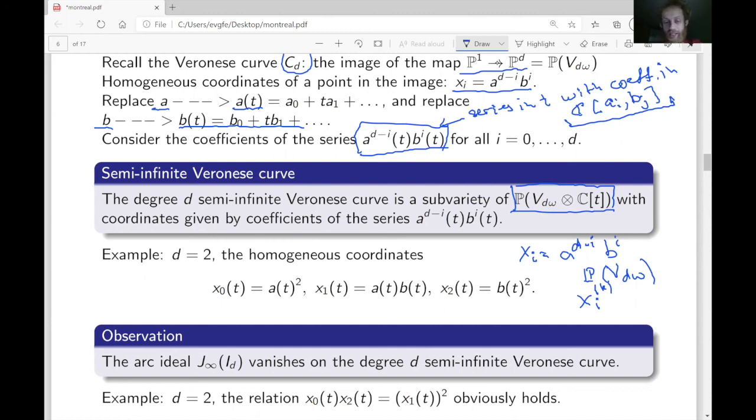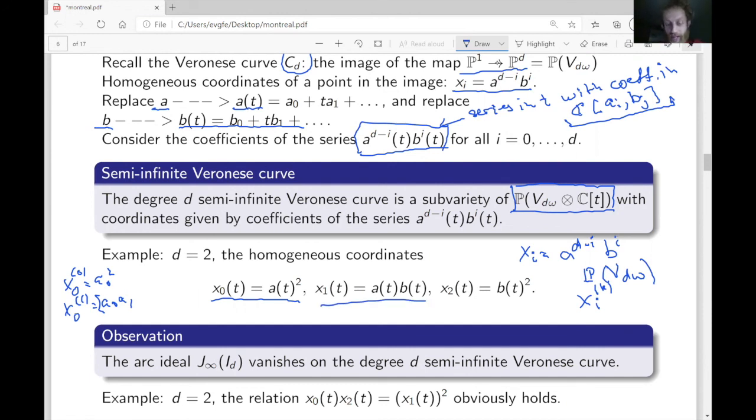So let us consider an example, d equals 2. What do we have? We have x0 of t being a of t squared. Meaning that, for example, x00 is a0 squared, and x01 is twice a0 a1, etc. And then we have a of t times b of t.